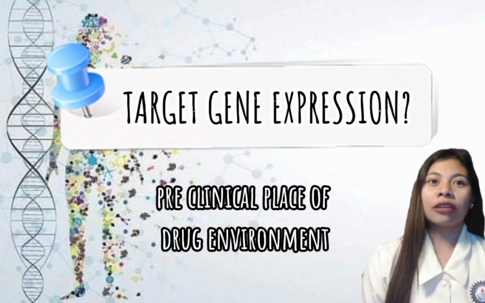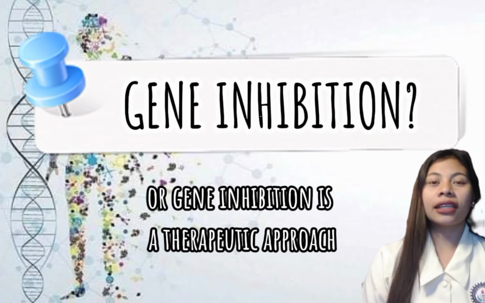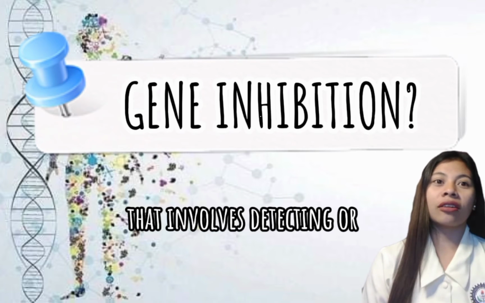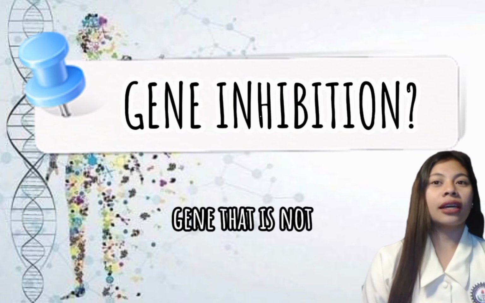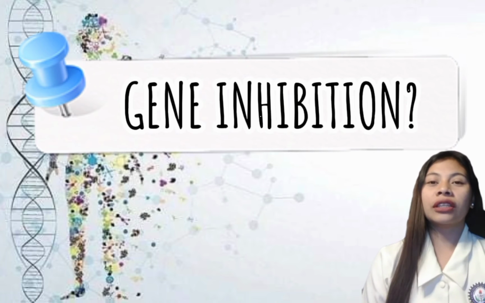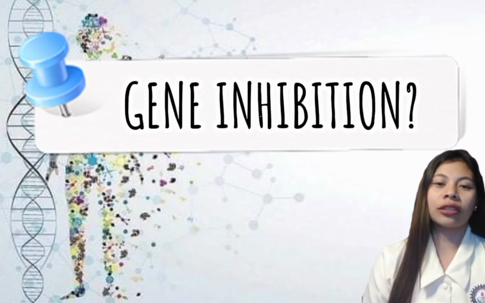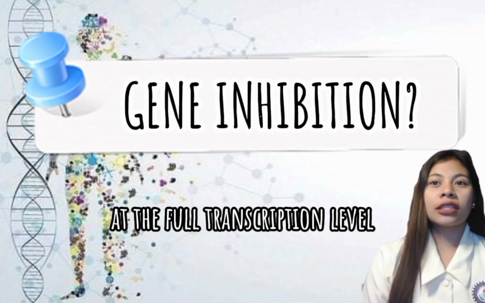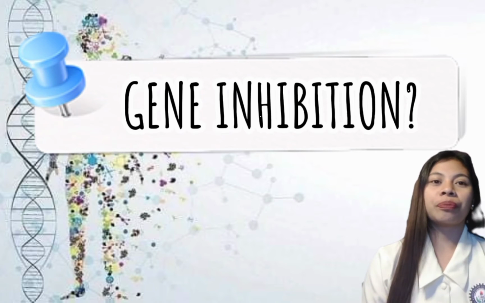Gene inhibition is a therapeutic approach that involves detecting or silencing the expression of a mutated gene that is not functioning properly. Gene inhibition works by preventing gene expression at the post-transcription level, thus RNA inhibits gene expression.